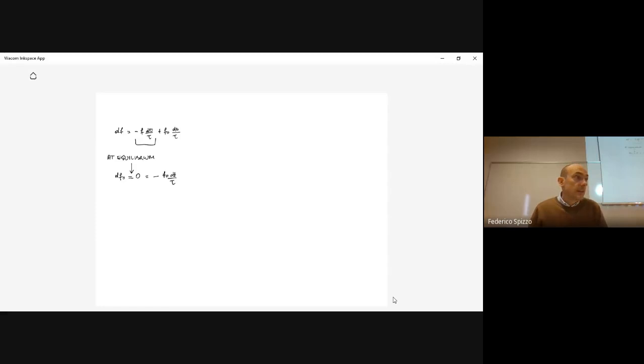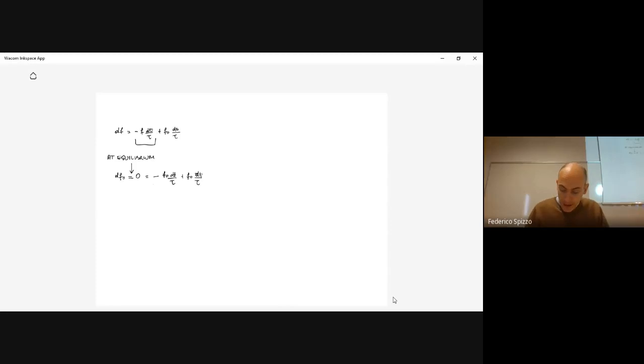Then we have to include another contribution, what we gain from collisions. But if the result is to be equal to 0, then what we gain from collisions has to be exactly equal to what we lose from collisions. So here we have to include plus f0 times dt divided by the relaxation time.